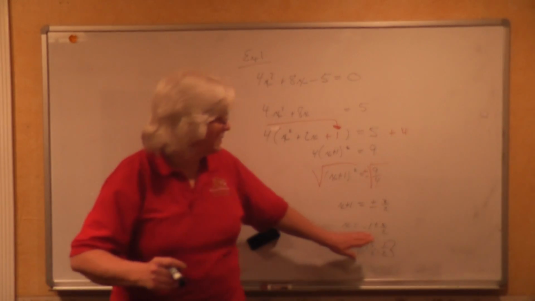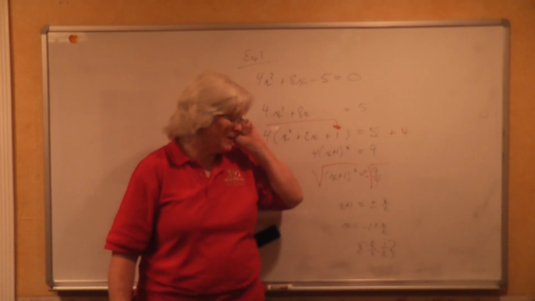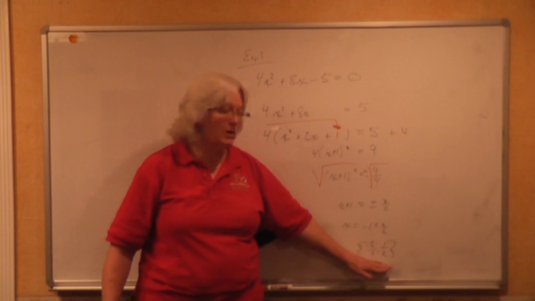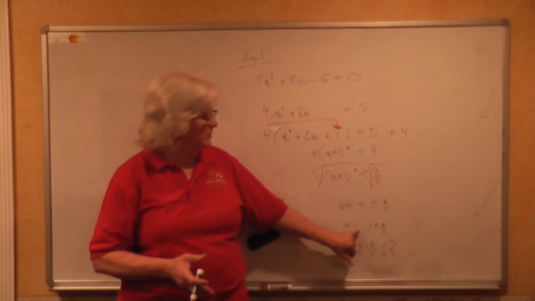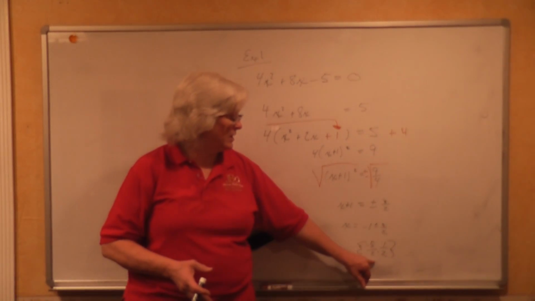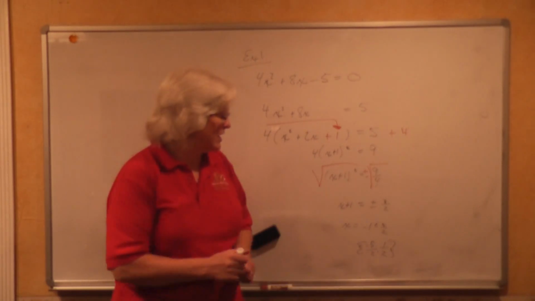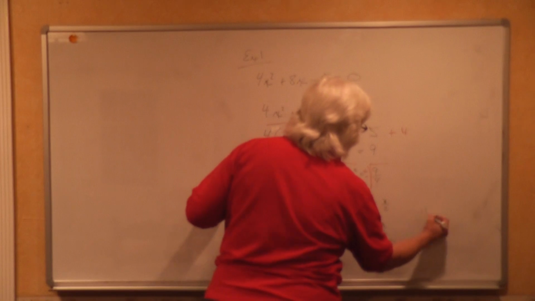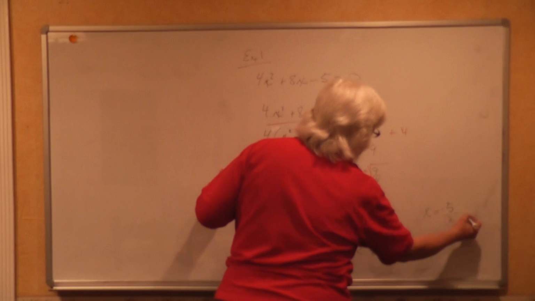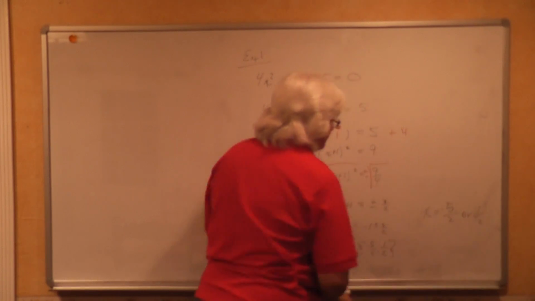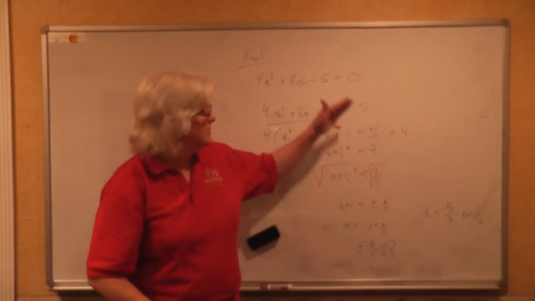Actually, I stopped right at this point. -1 plus or minus 3/2. Your book goes on to complete this so that we have a negative 5/2 and a positive 1/2. We complete this either by showing the set notation, negative 5/2 and a positive 1/2, or saying that x can be equal to either negative 5/2 or 1/2, because this has not been simplified as far as it can go.